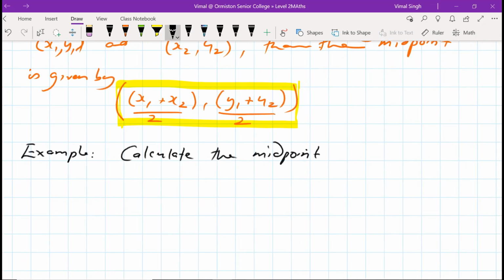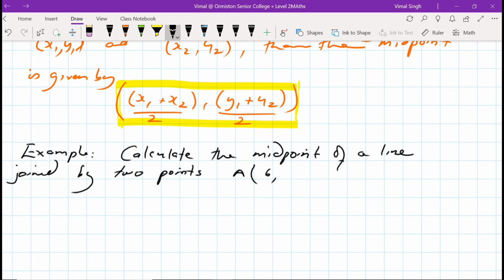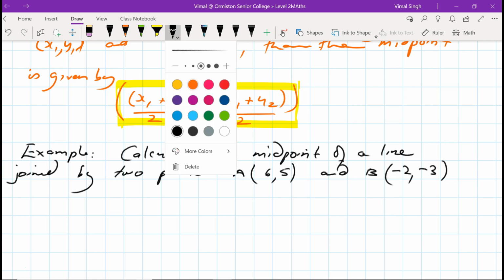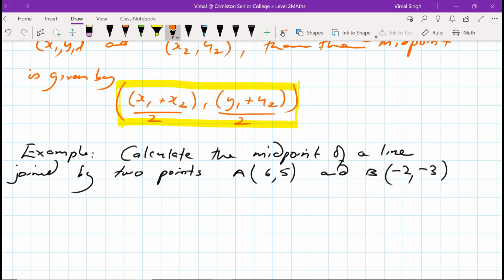Calculate the midpoint of a line joined by 2 points A 6, 5 and B -2, -3. Okay, so in this case we will assign this as x1, y1, and this one over here as x2, y2.